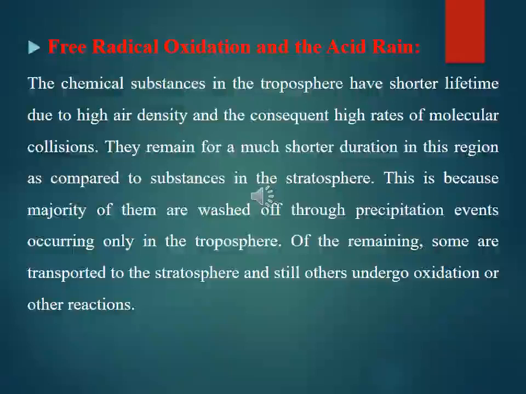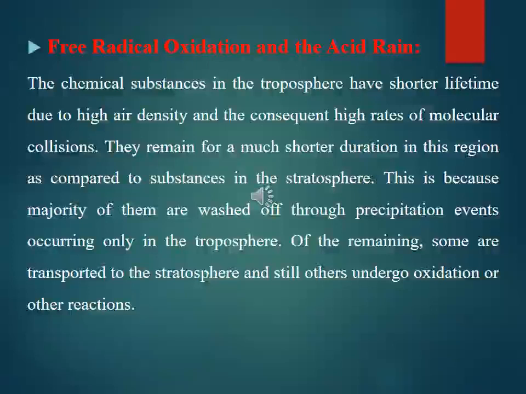Here is the connection of free radical oxidation and the acid rain. We have already discussed acid rain in detail in a separate lecture. Now let's see here. The chemical substances in the troposphere have shorter lifetime due to high air density and the consequent high rates of molecular collision.